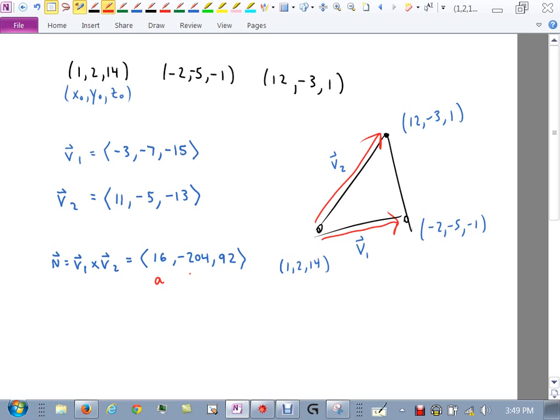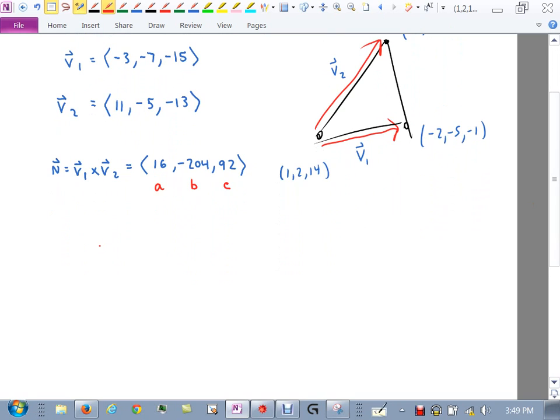That's our A, our B, and our C. We already have our x naught, y naught, z naught up there. So using the formula A times x minus x naught plus B times y minus y naught plus C times z minus z naught equals 0, we will have 16 x minus what?